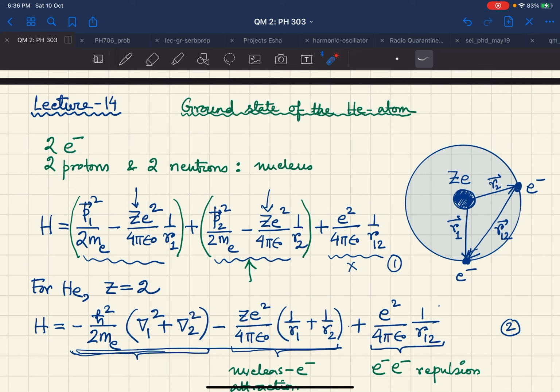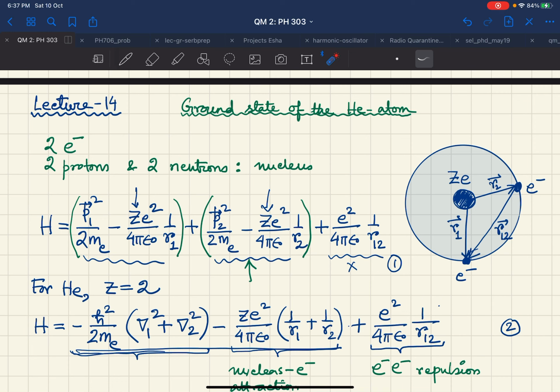We start with this classical picture, saying that the whole nucleus has a charge of Ze, where Z is the atomic number, that means the number of protons present in the nucleus.